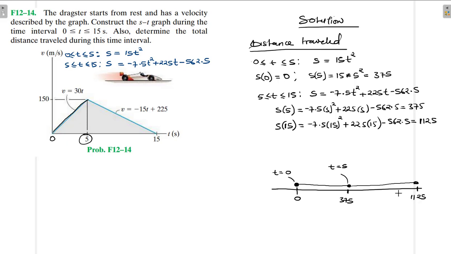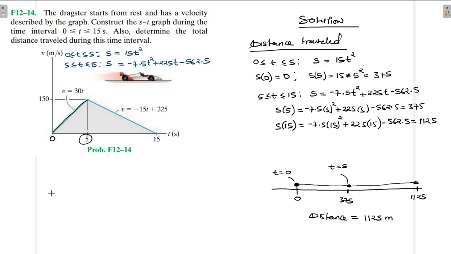Okay, so there is no back and forth movement, right? So therefore it means the total distance traveled is equal to 1125, because they are all being measured from 0. So total distance traveled 1125.